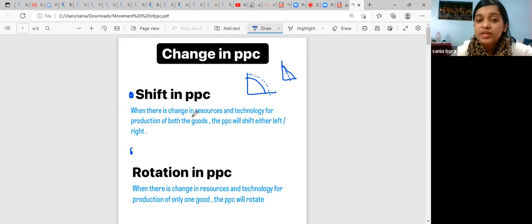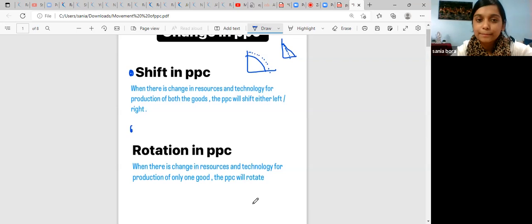So when there is a change in resource and technology for production of both the goods, then PPC will shift either left or right. But when there is a change in resource and technology for production of only one good, then PPC will rotate.